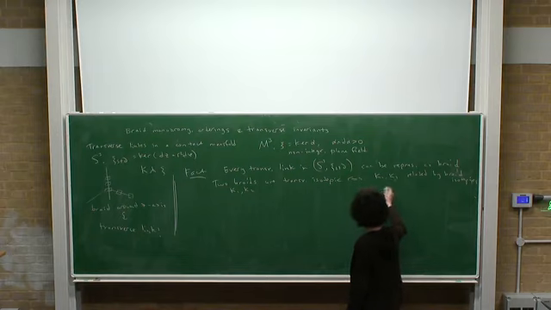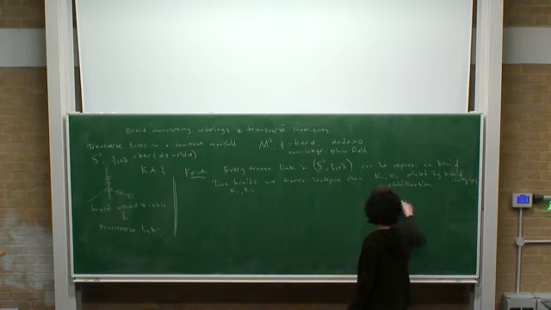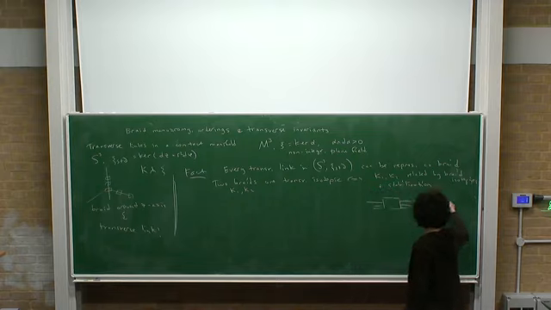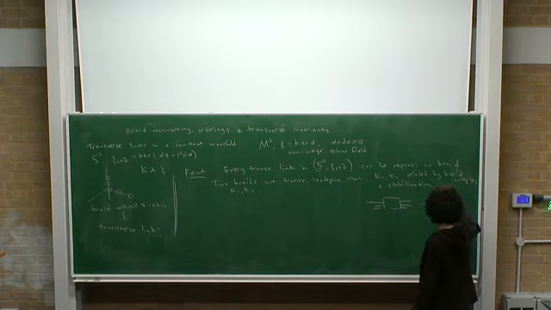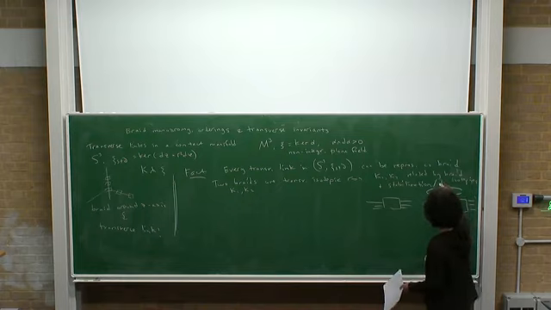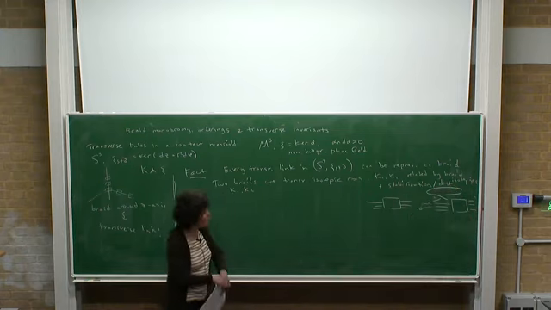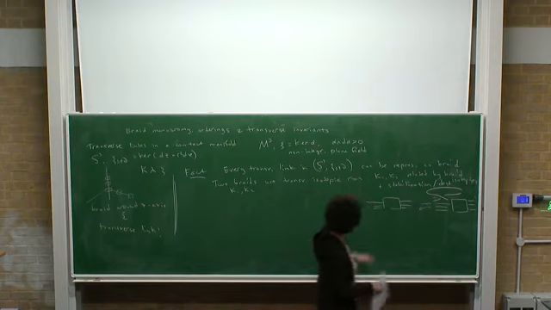And a special move, which is a positive stabilization, which means that you're adding an extra strand to your braid. This is the braid, and you say, I'm going to add an extra strand and make a positive crossing. Positive stabilization, and of course destabilization is also allowed. You can go that way. The sign of the crossing is very important. If you put in a negative crossing, you've changed your transverse class.